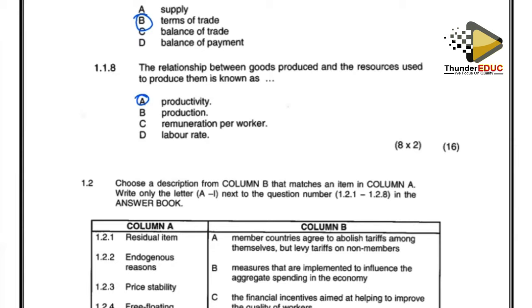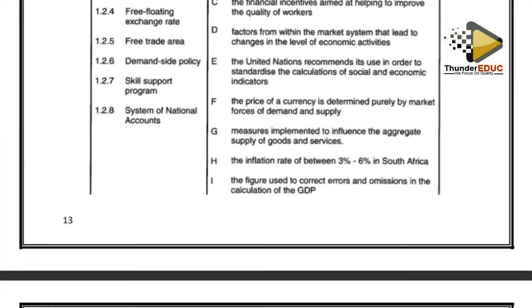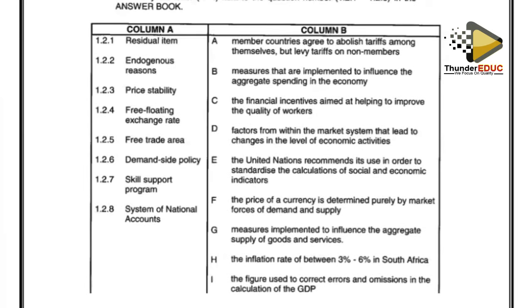Okay, right. So now moving on to the next question, which is 1.2.1. It reads as follows. Residual item, we have the figure used to correct errors in the calculation. Here we have I. If you check this residual item question, it has been repeating like no man's business.